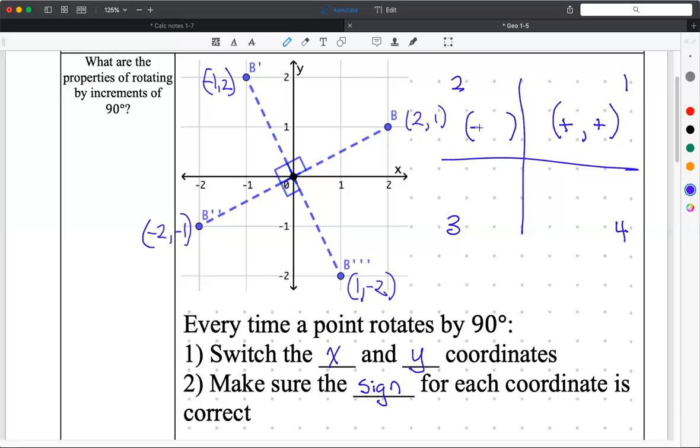I'm going to try drawing with my trackpad. Negative, positive. What about for quadrant 3? Someone new. Yes, Ugo. Negative, negative. There it is. And finally for quadrant 4, I have, yeah, Esha?